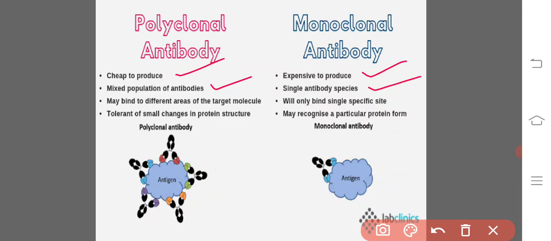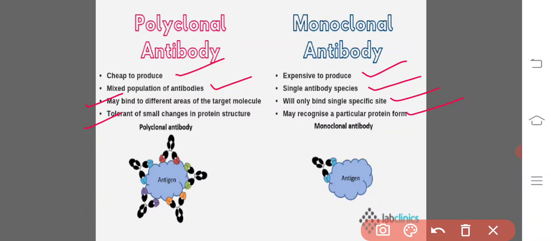A polyclonal antibody may bind to different areas of the target molecule, whereas monoclonal antibodies will only bind a single specific site.